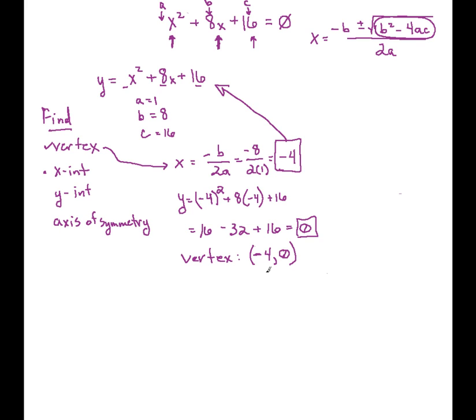This coordinate tells us some interesting things about this parabola right away. First of all, note that it's at y equals 0. So at y equals 0, the parabola changes direction. It's just going to touch the x-axis at y equals 0, and then it's going to change direction. This means that there's only going to be one x-intercept.